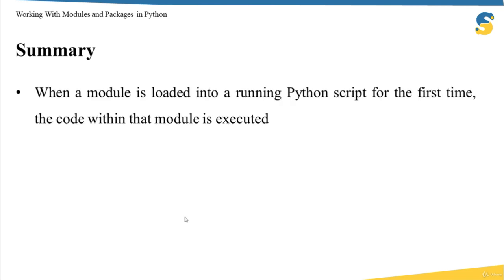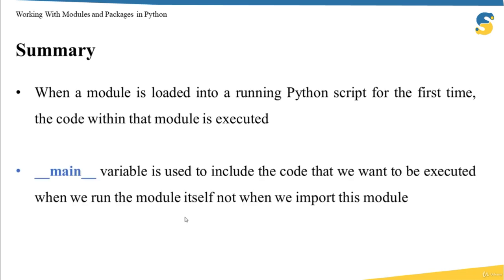Also, we said that when a module is loaded into a running Python script for the first time, or in other words, when it's imported for the first time, the code within that module will be executed. We have also talked about the main variable and we saw it's quite an important variable and usually we use it to include the code that we want to be executed only when I run the module itself, not when we import this module from other modules.